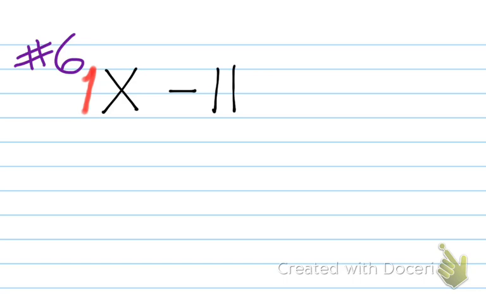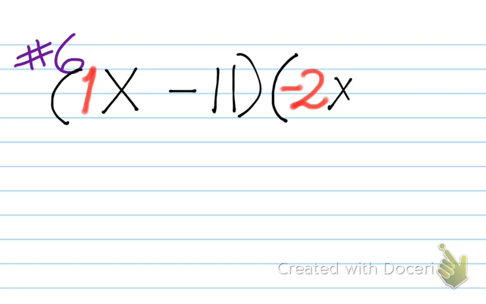Because there's two polynomials, you will see a parentheses now. And your job is to multiply this by two polynomials. Some people call this a binomial. We have a negative 2 as our coefficient, and our variable is x. The second polynomial just has a coefficient, but no variable part.